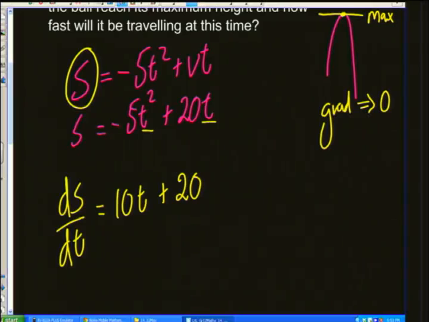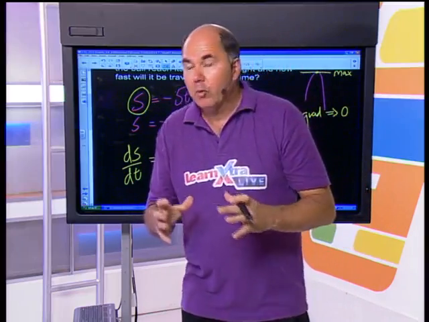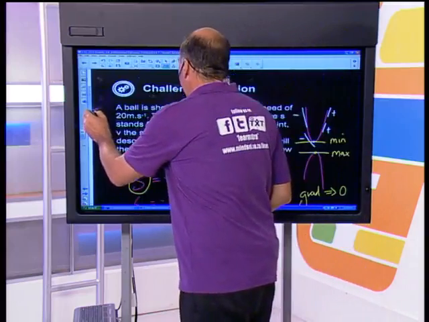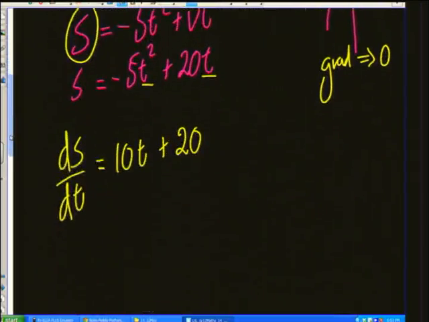And what do we need to do? We need to find when it's a maximum. We want to know at what time it will be a maximum. Have a look. It says, when will the ball reach its maximum? Now, this isn't a physics problem anymore.